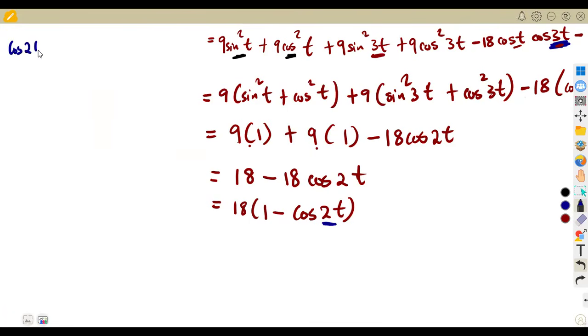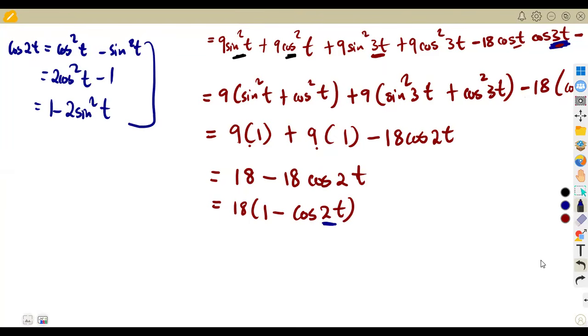So if we work in terms of 2t, remember it can be given as cos squared t minus sine squared t. This is from our double angle identities, which is the same thing as 2 cos squared t minus 1, which is the same thing as 1 minus 2 sine squared t. These are the 3 identities that can be taken into consideration in place of this.